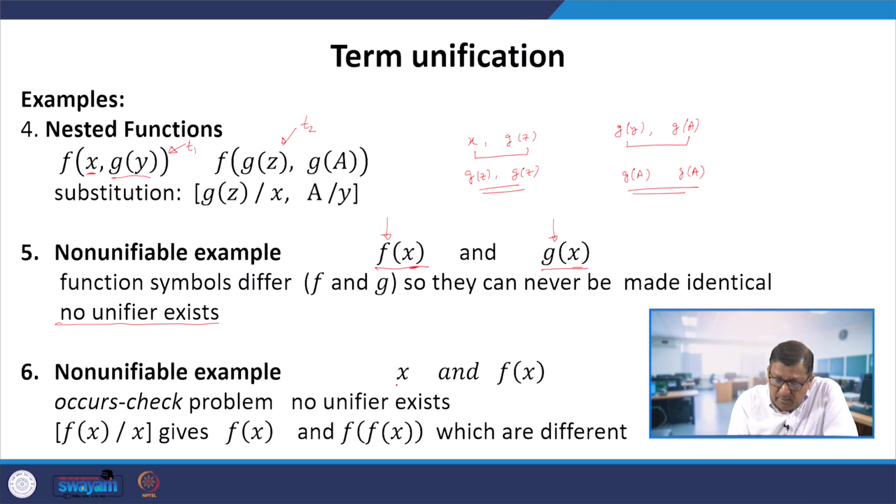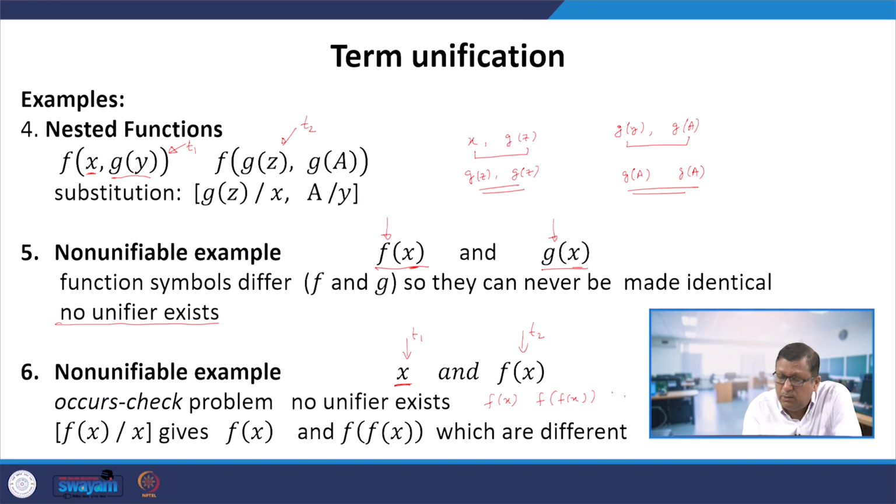Next we have a term x. This is t1 and this is t2. Now here interestingly x occurs in t2 as well. That means if we say x is replaced with fx, so the first term will become fx, second term will become f of x.